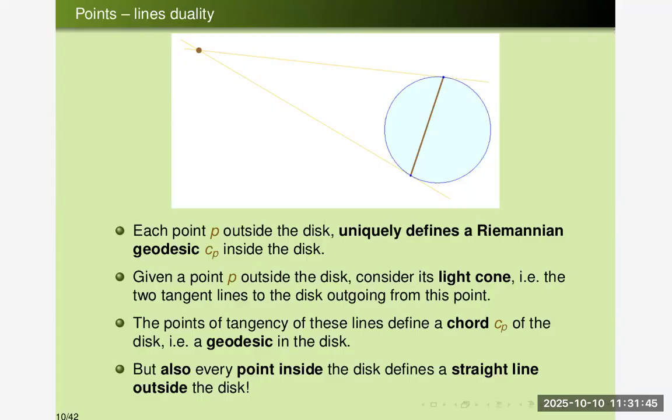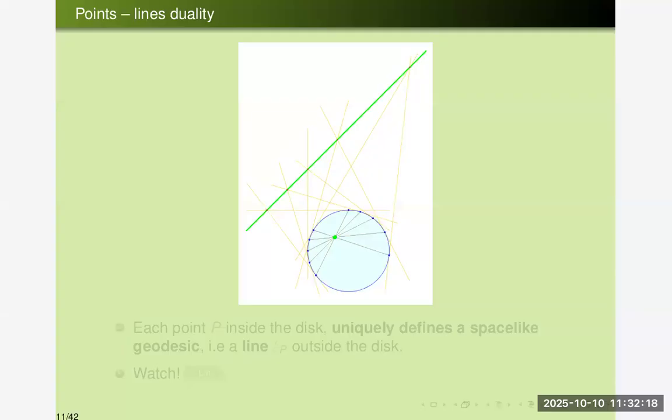Every point here defines a line outside the disk. In other words, a point inside defines a space-like line outside. I think Gilbert also told me this, but then I found it in a book of William Thurston, the very famous book on three-dimensional manifolds. My picture is more beautiful, but that's essentially the picture from the book of Thurston, and it tells you how to assign a line to a point.